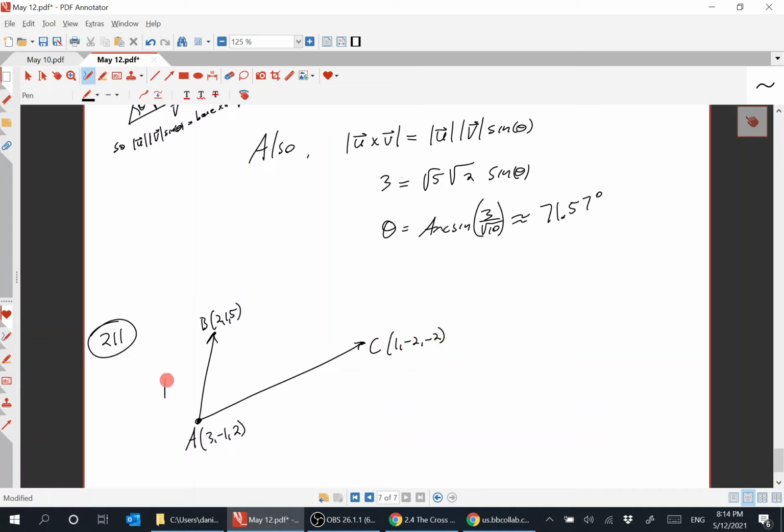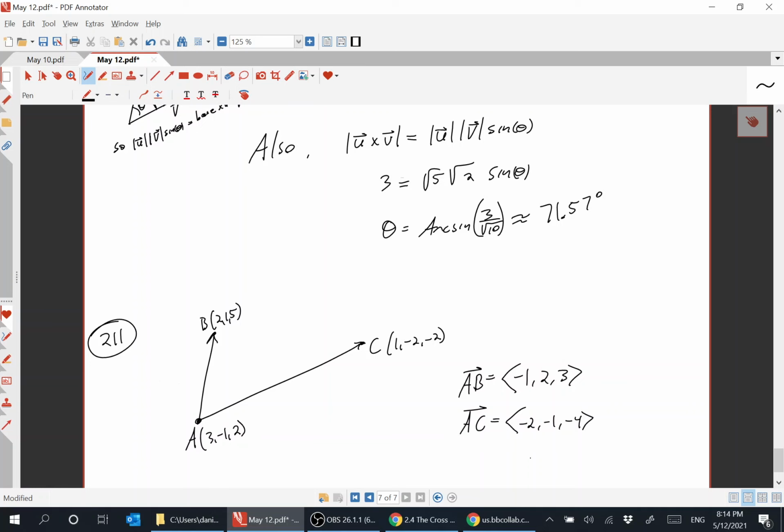All right, so AB, head minus tail: 2 minus 3 is -1, 1 minus -1 is 2, 5 minus 2 is 3. AC is 1 minus 3 is -2, -2 minus -1 is -1, -2 minus 2 is -4.